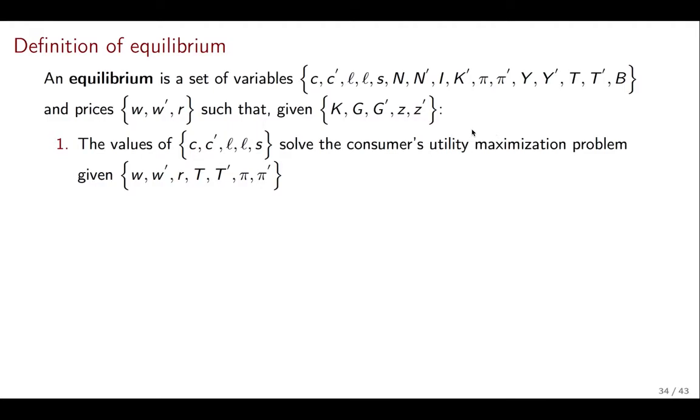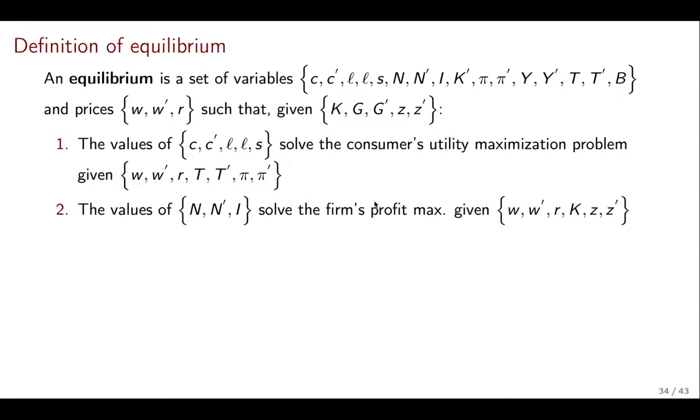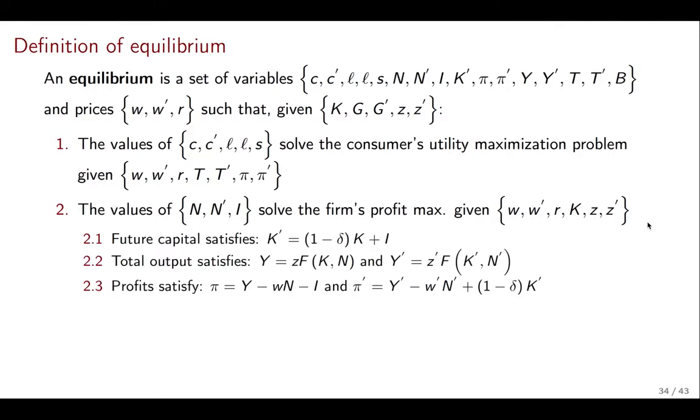Then we need to go through the optimization conditions of each of our agents. So the values chosen by the consumer need to maximize its utility given the prices and other values they are not choosing, in this case taxes and profits. Then the values of N prime, and investment solve the profit maximization problem of the firm given again prices and the variables they take as given. They don't choose capital, they don't choose their productivity.